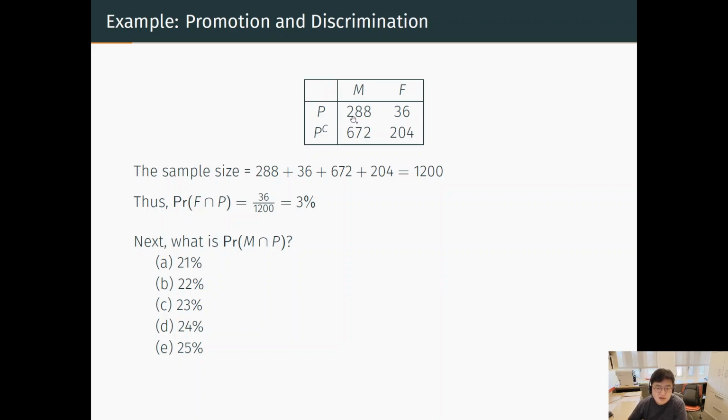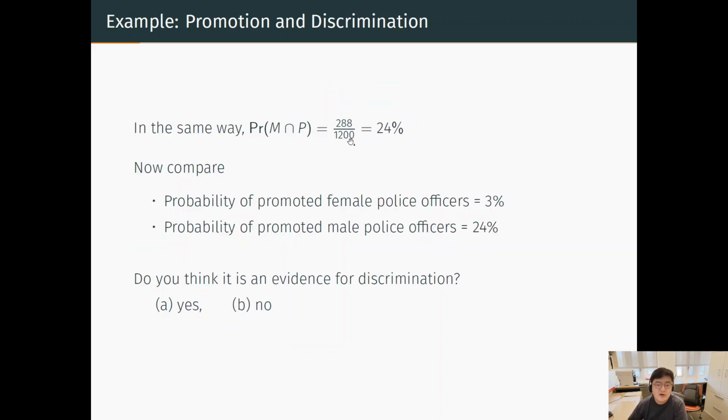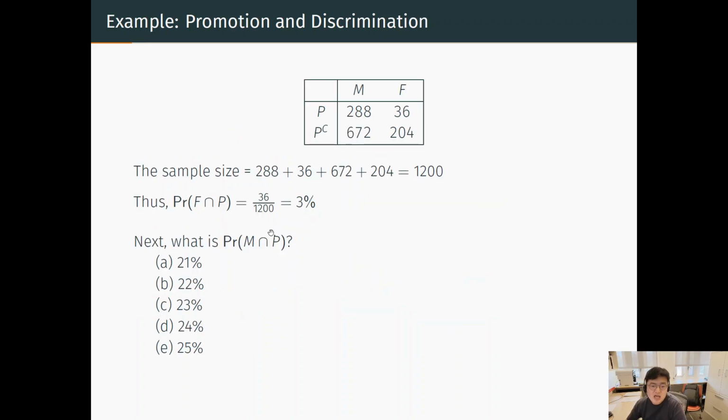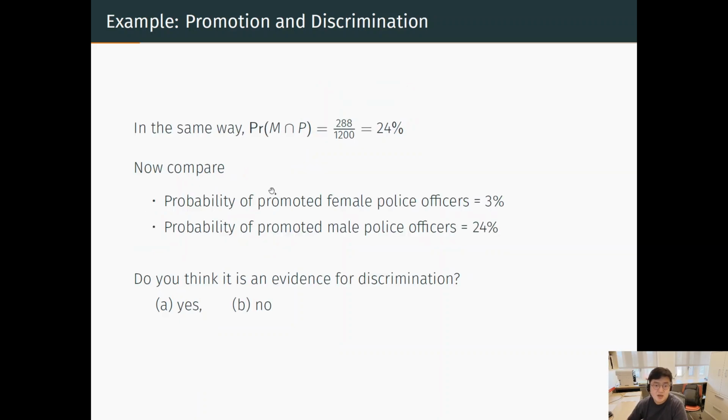This event, M intersection P, includes only one outcome, these 288 observations, out of the same 1200, right? So out of 1200, 288 are male promoted candidates, which is 24%.